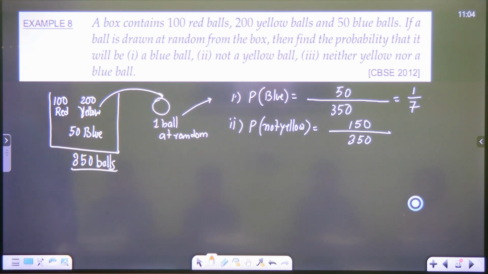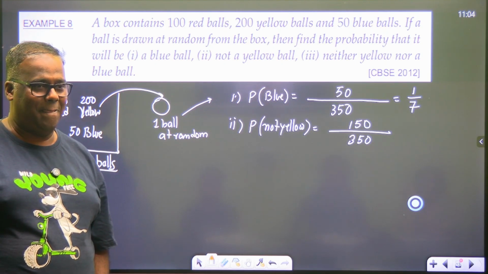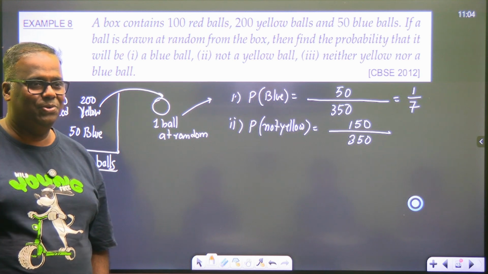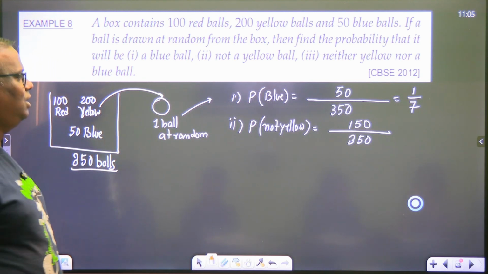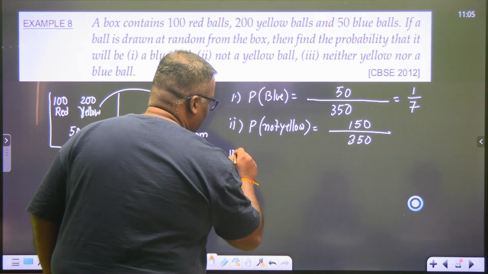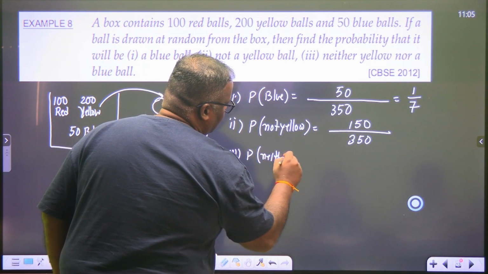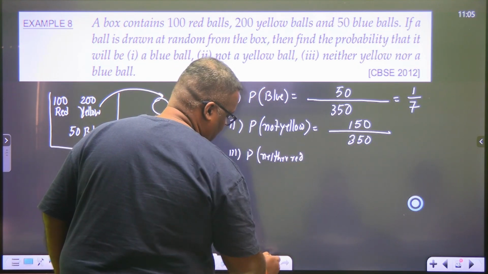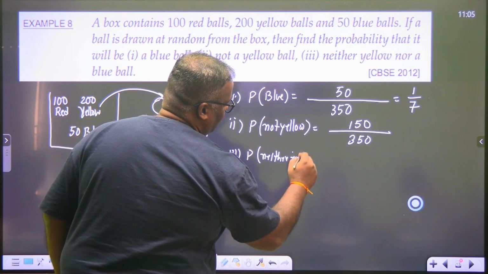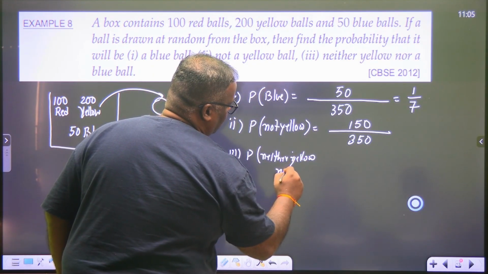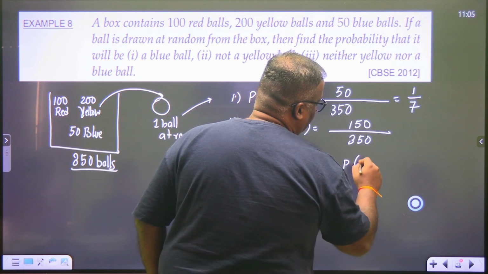Next, neither yellow nor a blue. This means if I pick up the red ones, I win the match. Yes or no? If I pick the red ones, I win the match. This is logic. So the probability of neither yellow nor a blue is the same as the probability of red.